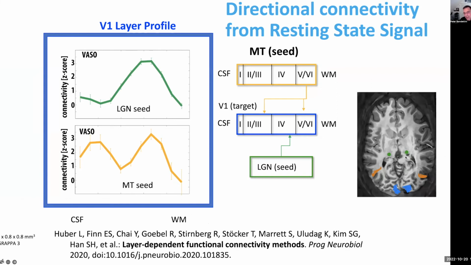It's higher than LGN and lower than MT. As it turns out, if you just look at the V1 layer profile right here and take a seed in LGN, you find that the layer profile looks something like this, which suggests that it's feed forward from LGN. Whereas if you look at a seed from MT, you get this double hump right here, which suggests that it's feedback from MT. So once again, same region of interest, just different seeds.